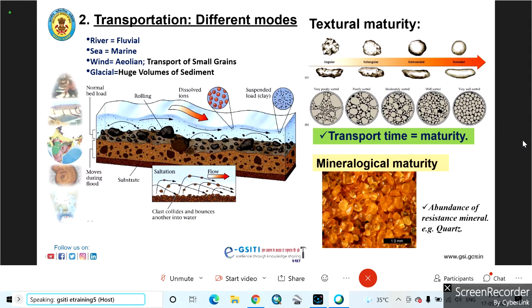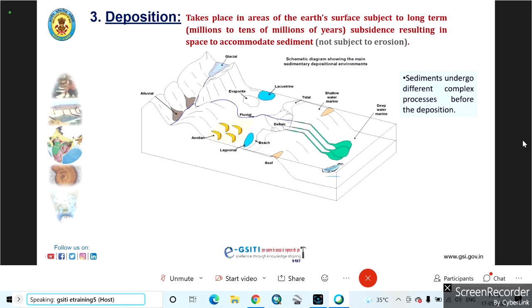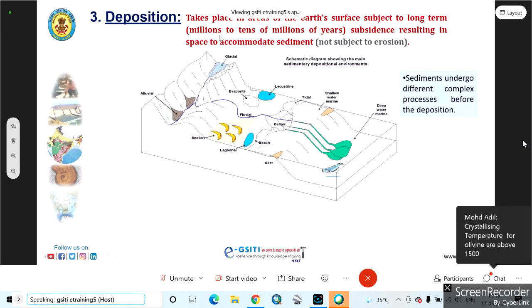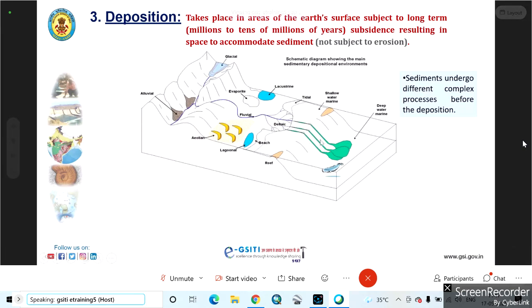So after transportation, there is the deposition. Deposition takes place in the areas of earth crust subject to long-term subsidence, millions to tens of millions of years, resulting in space to accommodate sediments that is not subject to erosion. Here you can see, and that will definitely be dealt with while dealing with the different environments of deposition, their facies association.